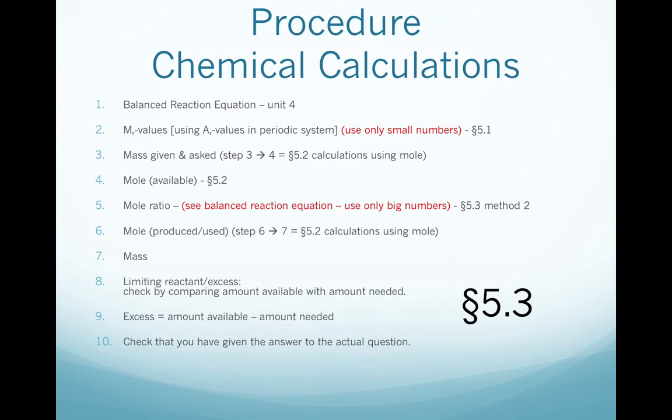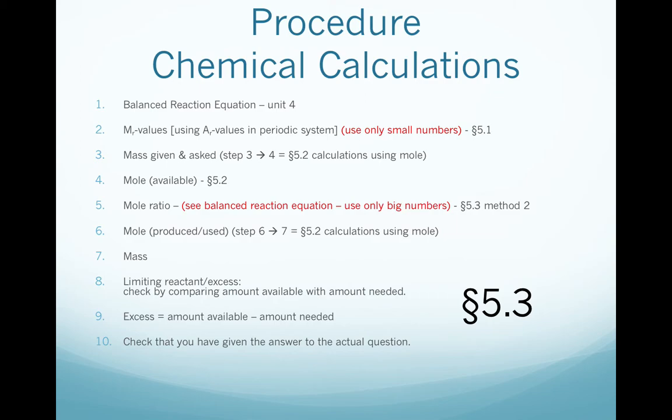To go back through all the steps, we have the balanced reaction equation where we see that 1 calcium carbonate reacts with 2 hydrochloric acids. We calculate the MR value. The mass given of the limiting reactant, we can see already that the limiting reactant is the HCl. So we are given a certain amount.